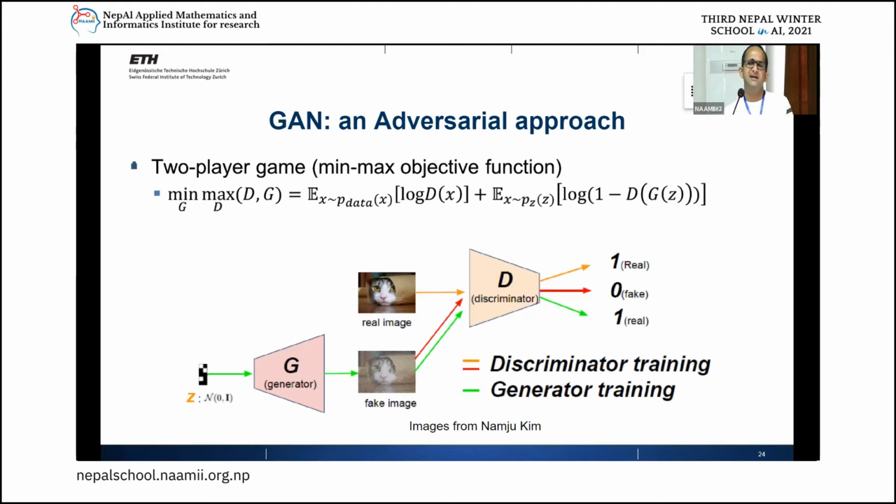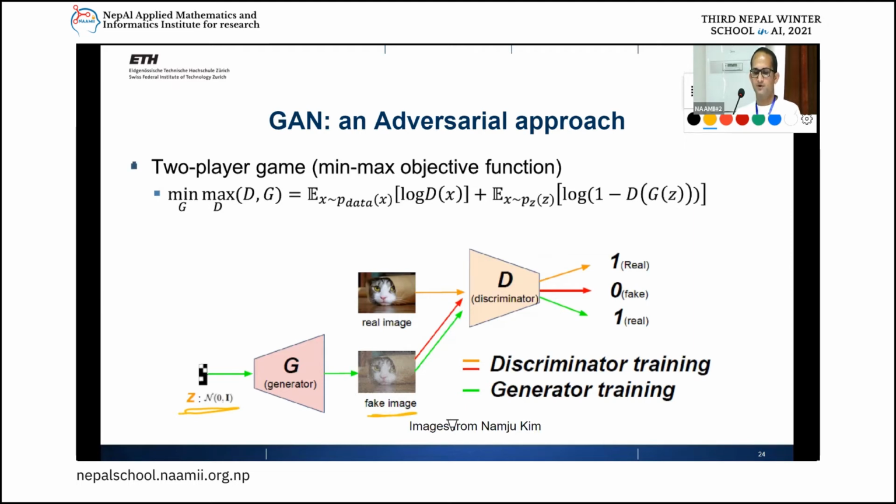A label doesn't even have to be discrete like cats and dogs. It's just some random vector, some continuous label that comes from a Gaussian distribution. And then that's fed to the generator to generate some image that we want to look like a cat.